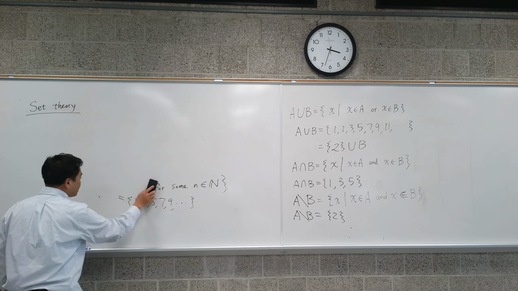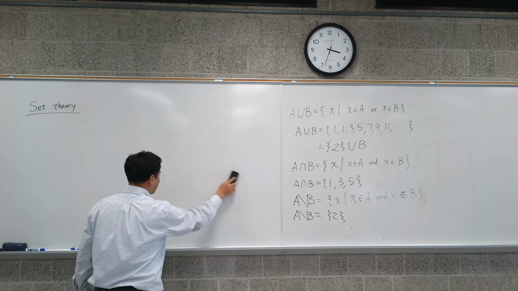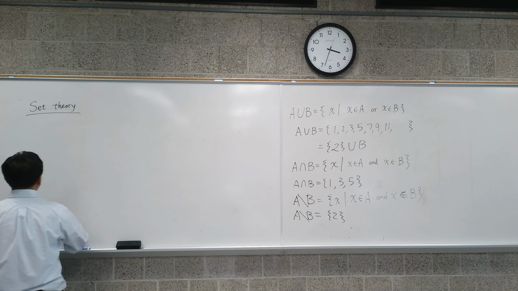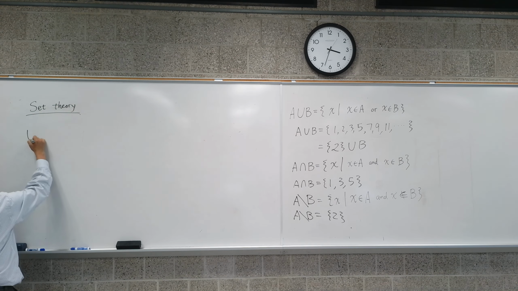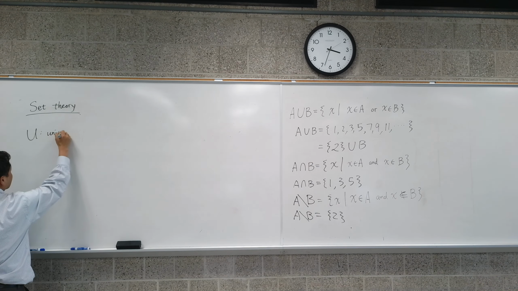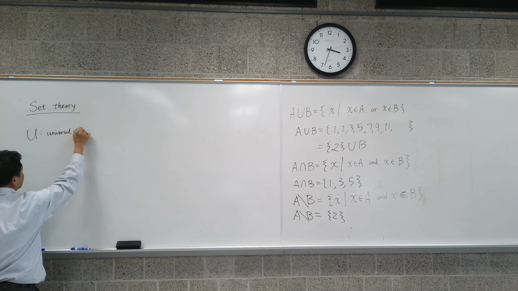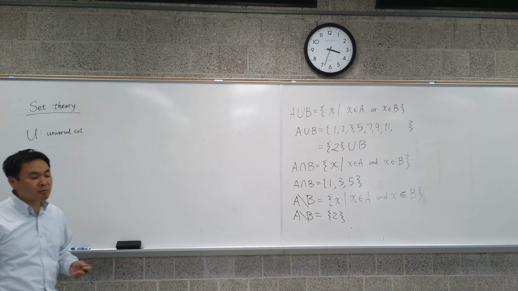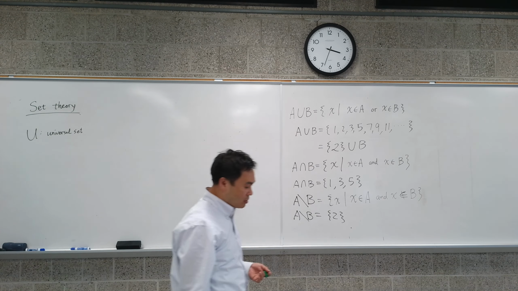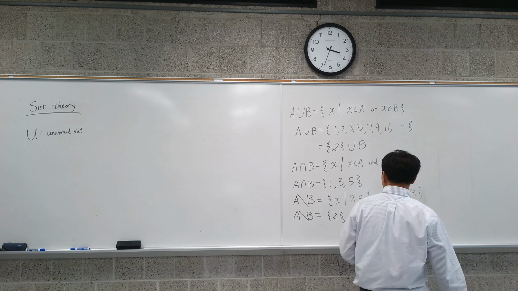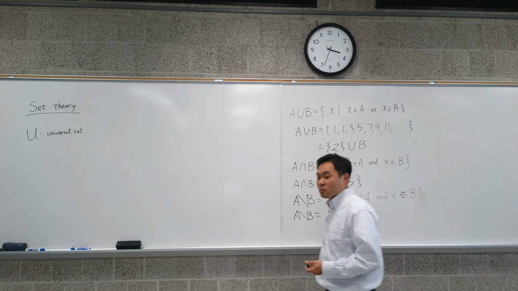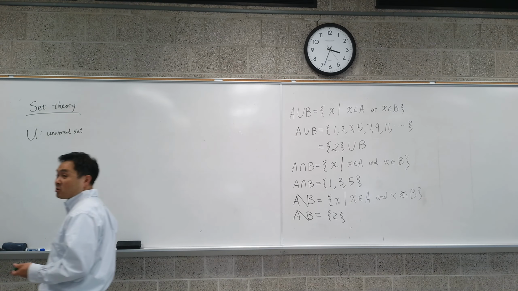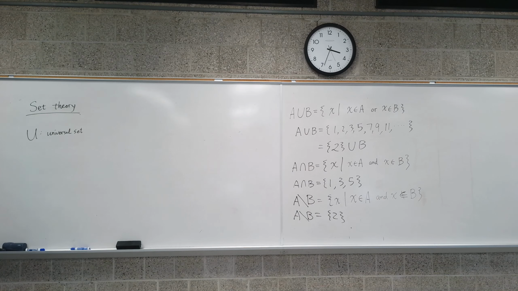Now, sometimes there's a U called the universal set, and this is not a gigantic set, but some set given by the context. If you're just working in the domain of integers, the universal set could mean the set of all integers.